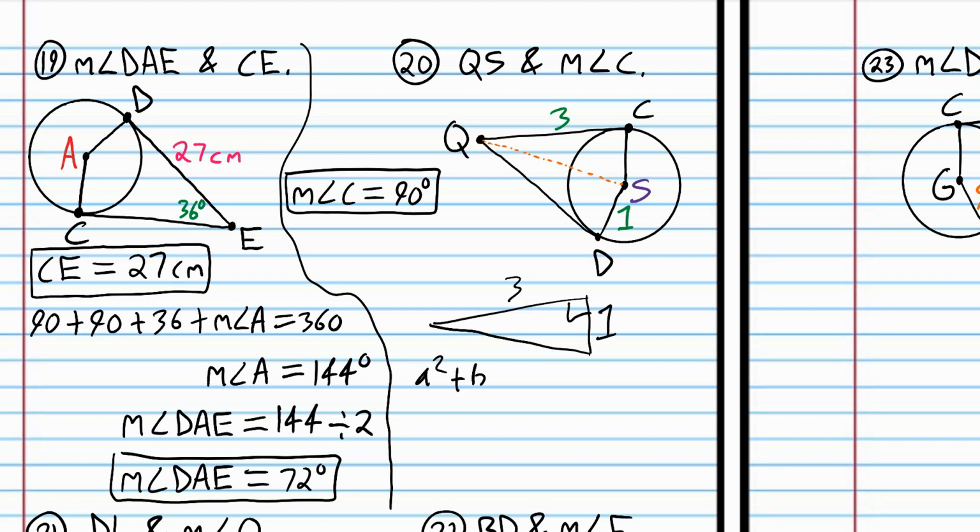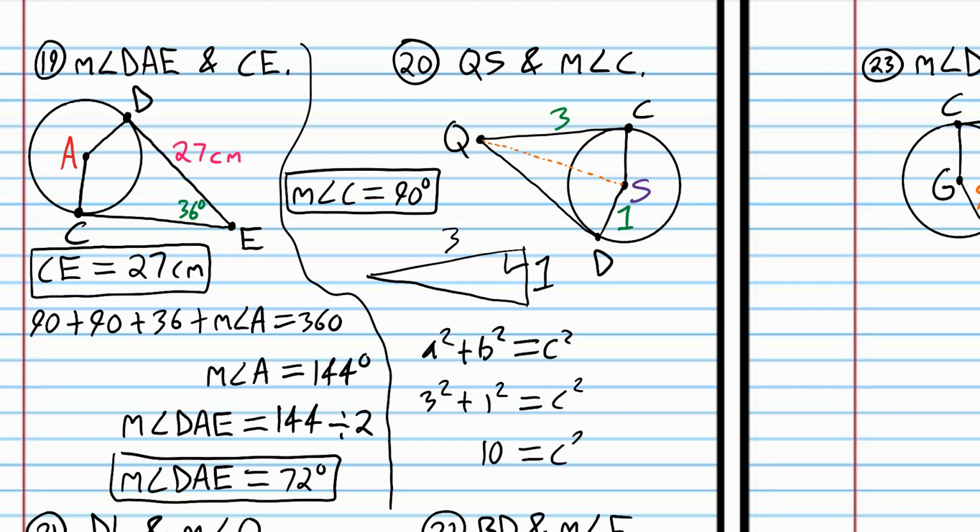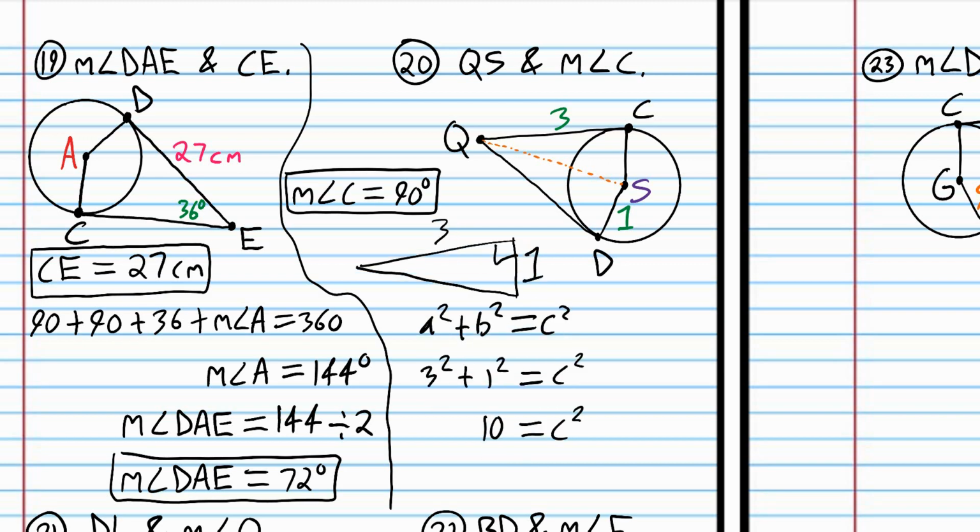These letters are not necessarily going to correspond, but as long as you understand we're using the Pythagorean theorem, we have 3 squared plus 1 squared is equal to c squared. That would be 9 plus 1 is 10. So we have 10 is equal to c squared. And just square root both sides, and we have c is equal to root 10.